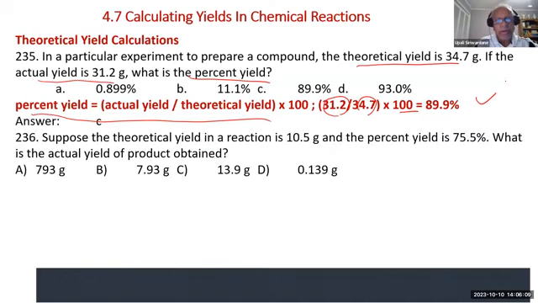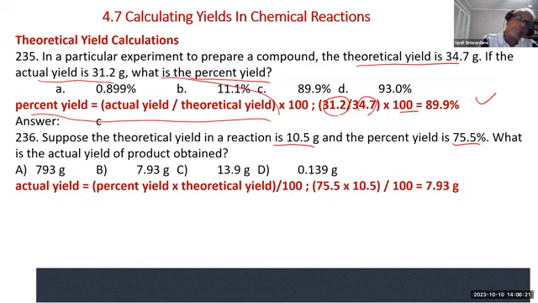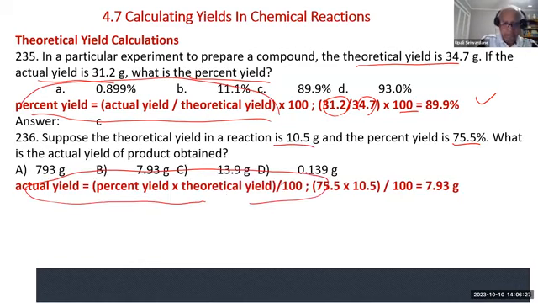So if you have percent yield given, and you need the actual yield, you have to rearrange this equation to obtain this equation. Then you plug in percent yield, theoretical yield divided by 100, you get 7.93 actually.